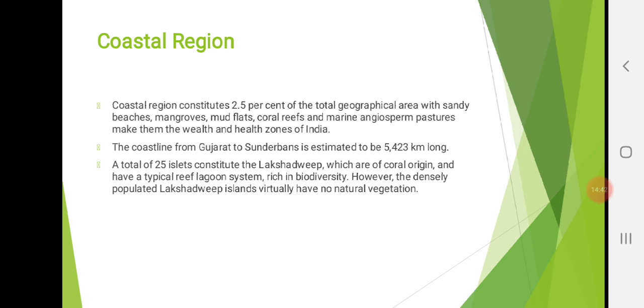The coastline from Gujarat to Sundarban is estimated to be 5,423 km long. A total of 25 islets constitute the Lakshadweep, which are of coral origin and have a typical reef lagoon system rich in biodiversity. However, the densely populated Lakshadweep islands virtually have no natural vegetation.